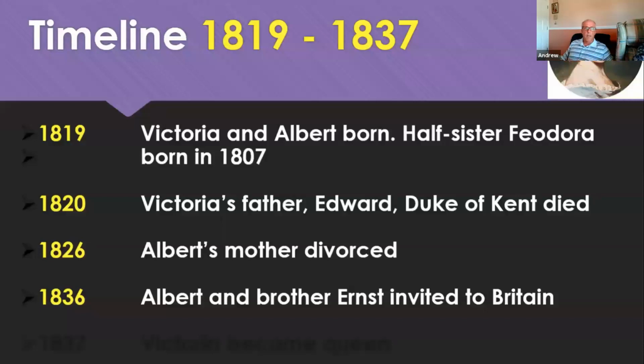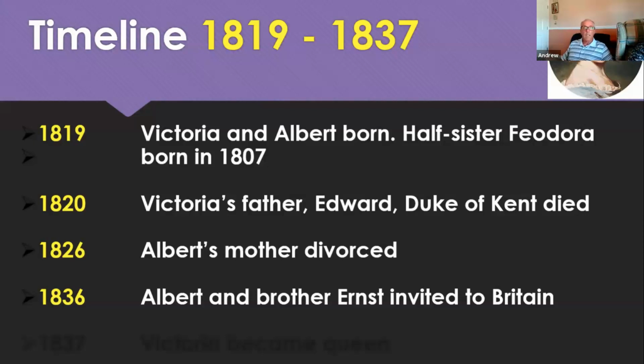So when Albert's around 16, 17, he's going to be invited to England. Remember, he's a first cousin. But he wasn't just invited as a first cousin. He's also invited because it's suspected that he could be a potential match for Victoria.